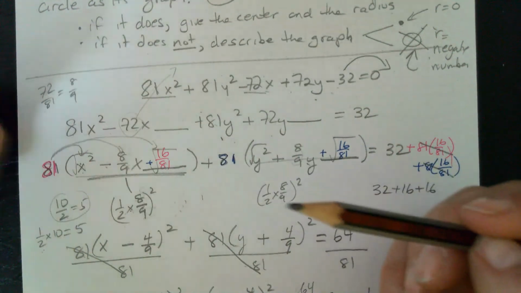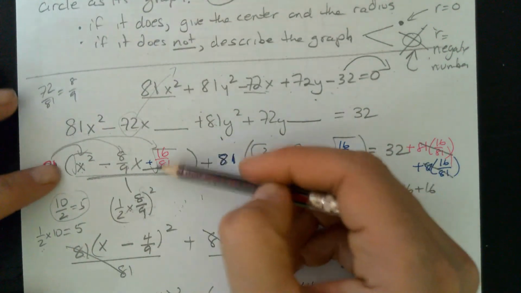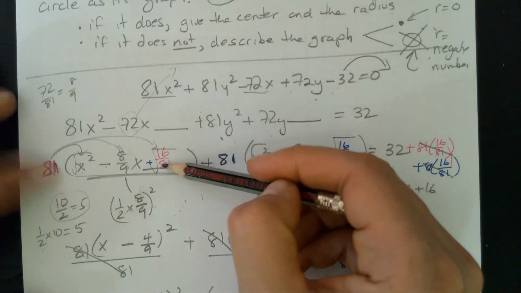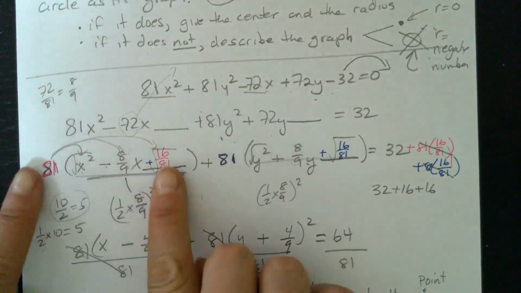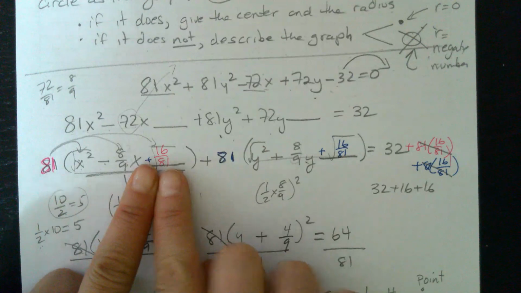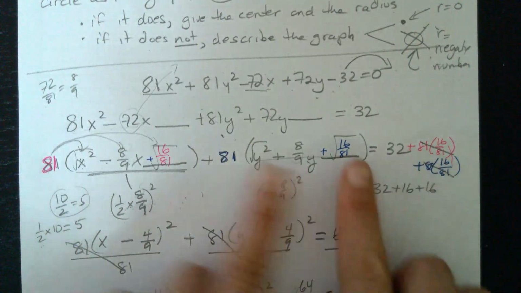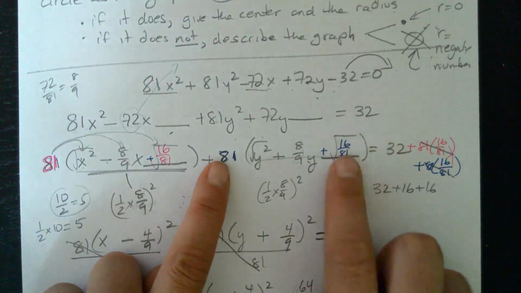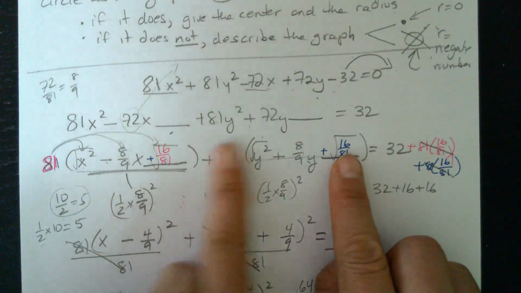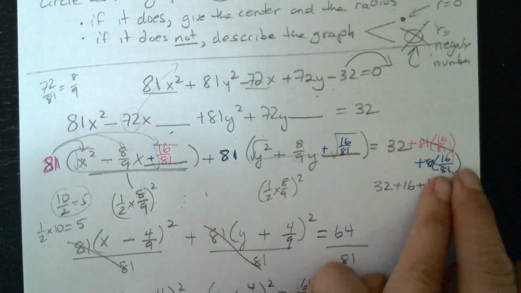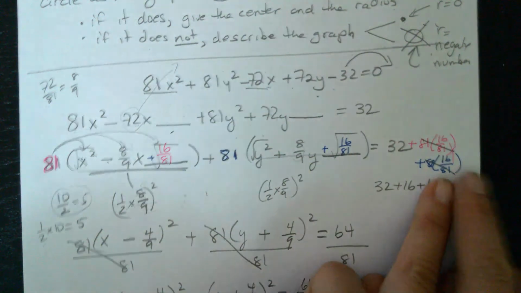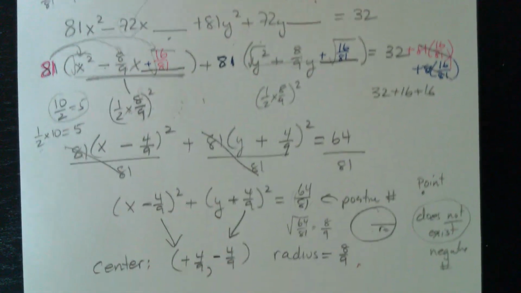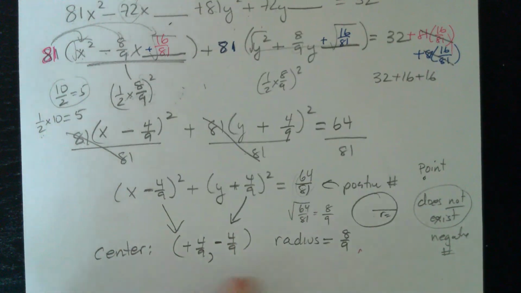So pull whatever number is out first, complete the square, then you have to put it back in, put them back together, and add that to the other side. So here we pulled out the 81, we completed the square, then we put it back together and added it to the other side. Okay? So we know it's a circle because it has a positive radius.